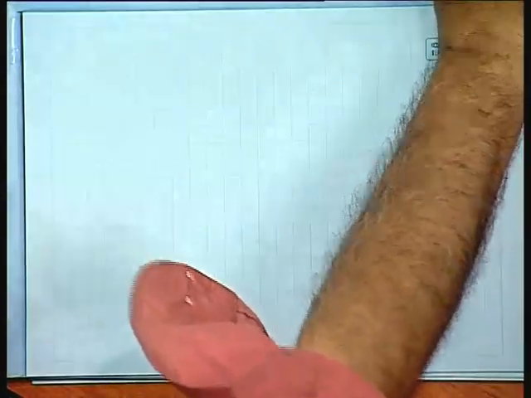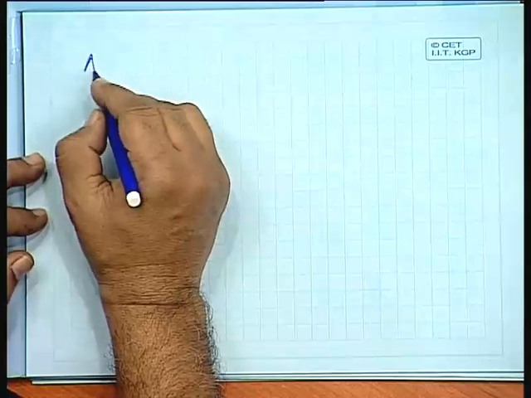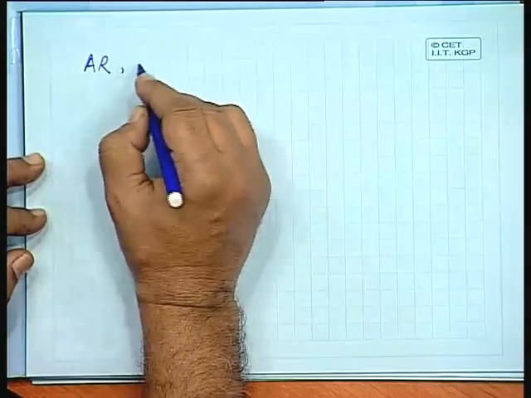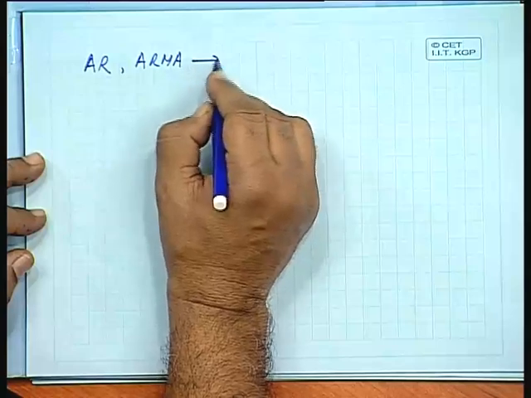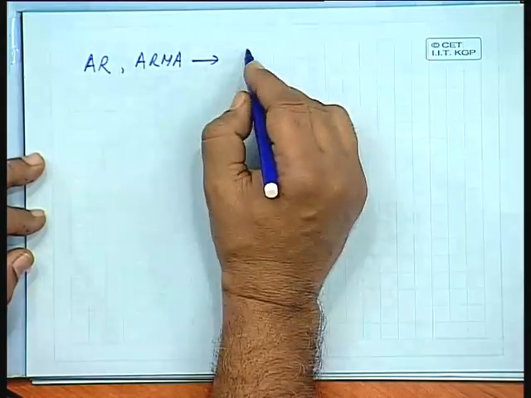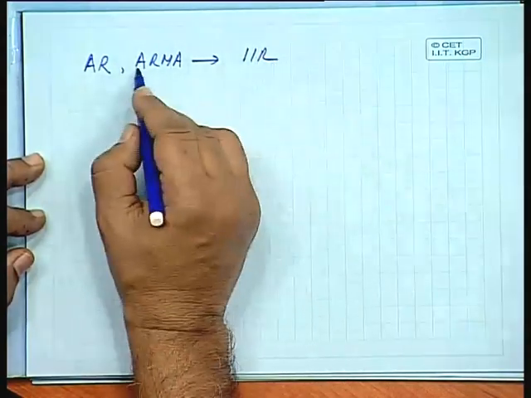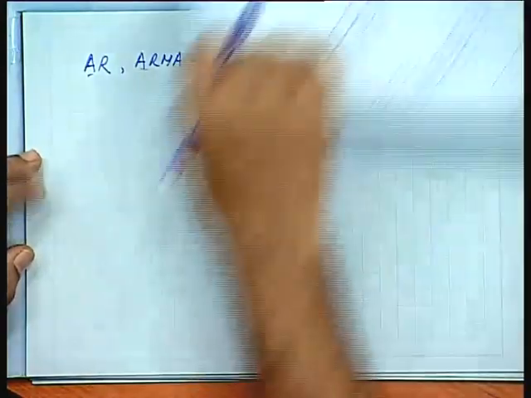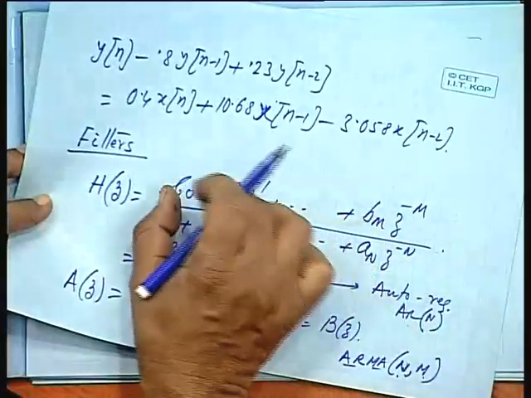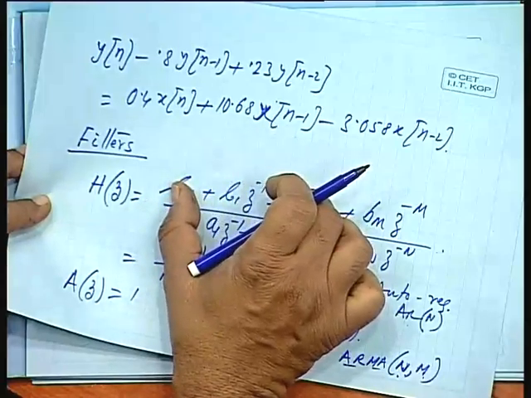Now, in digital filters, AR or ARMA, we call them IIR filters. So long as there is an AR part, it will continue up to infinity, whether this part is 1 or some finite length, it is immaterial.